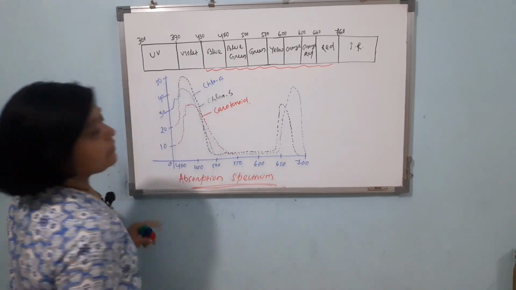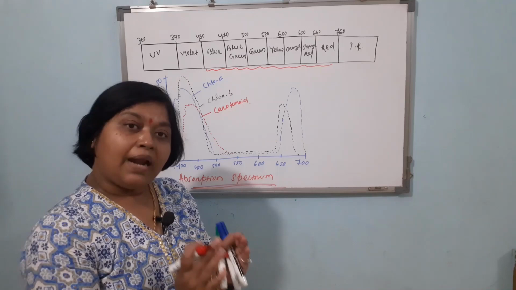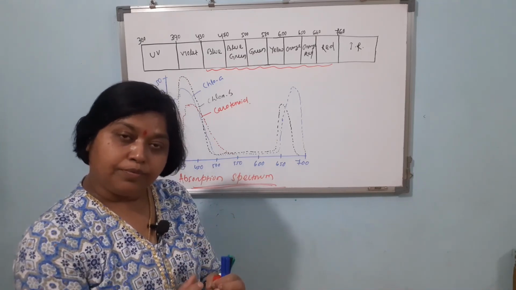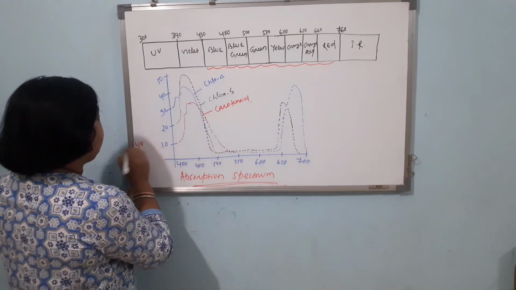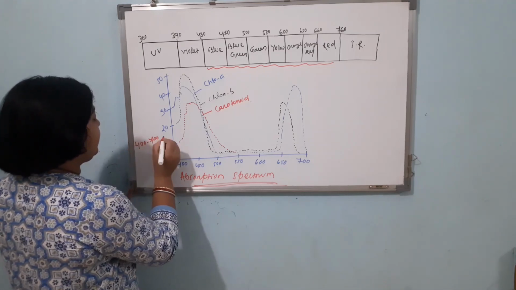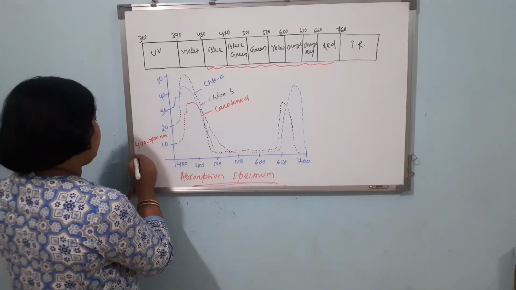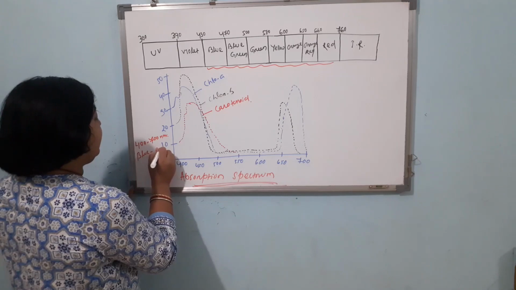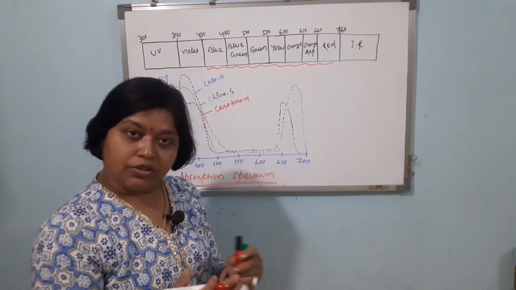Absorption spectrum means how much light energy the plant can harvest or absorb. It means the plant absorbs light between 400 nanometer and 700 nanometer, which falls between blue color and red color of light.